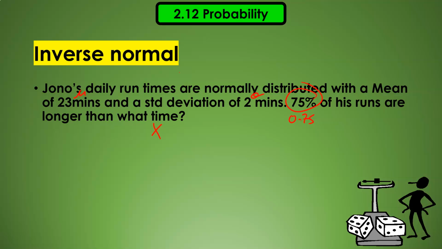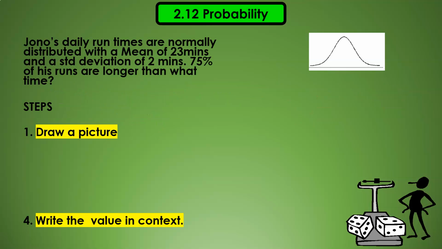So if you go through that process, it's always best to make sure whether you're doing a standard normal distribution or the inverse. So first thing, as always, draw a picture. So we've got the mean, which is 23 minutes. Standard deviation is equal to 2. What we want to know is 75% of his runs are longer than what time.